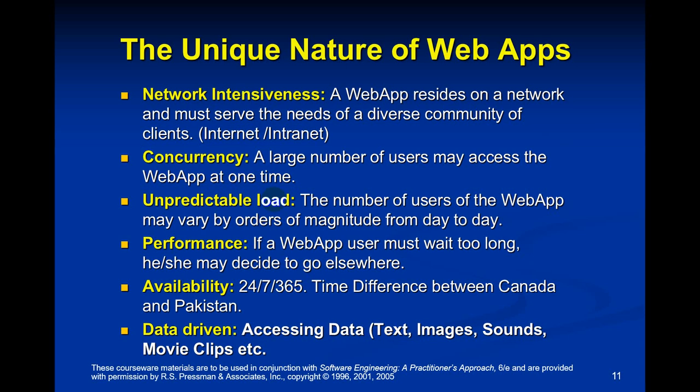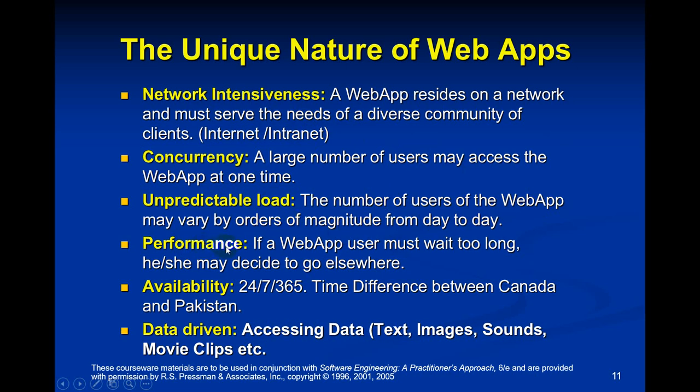Maybe on that day we may have 1 million people, 10 lakh people on our site in one day. So the number of users of the web app may vary by orders of magnitude from day to day. This can increase, this can decrease depending upon the need, right? So we cannot predict it.